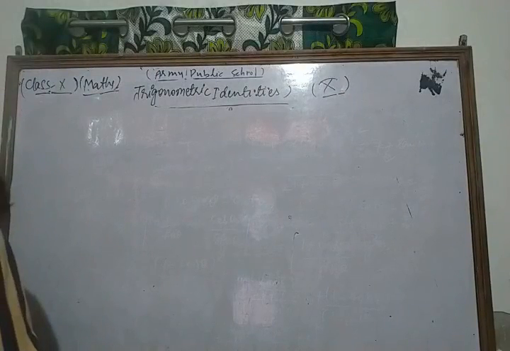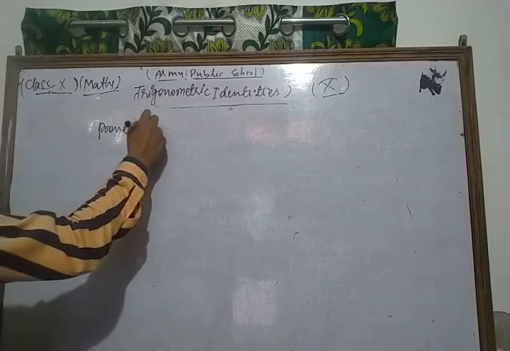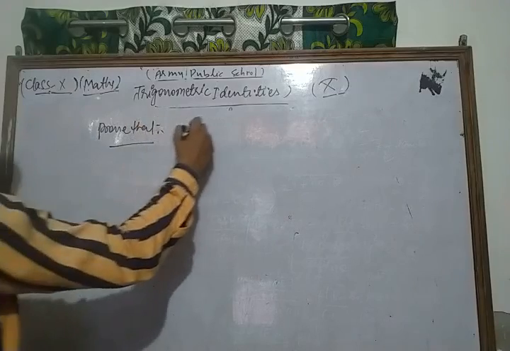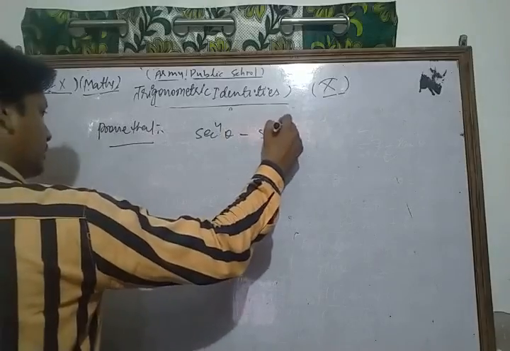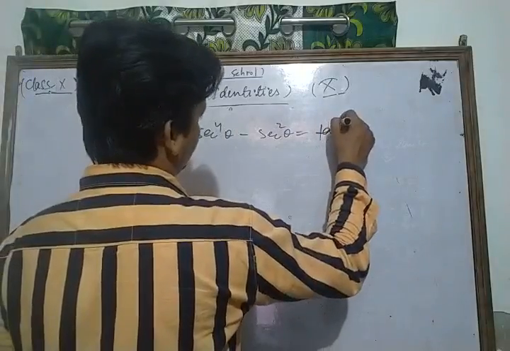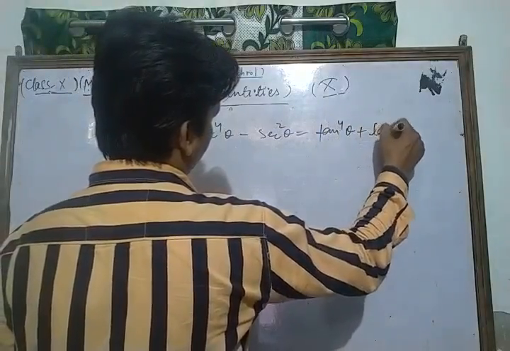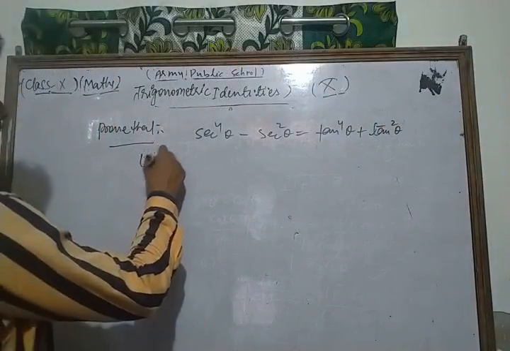And your question is, prove that sec power 4 theta minus sec square theta is equal to tan power 4 theta plus tan square theta. So now let's see it. We take LHS.